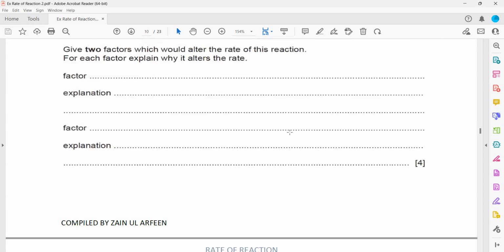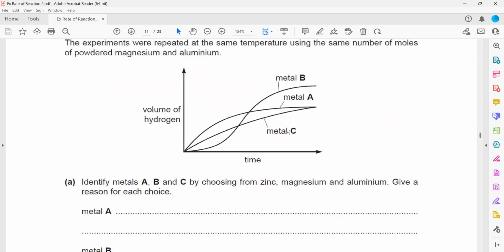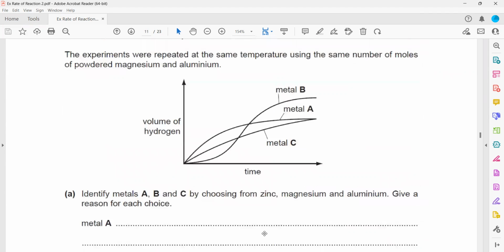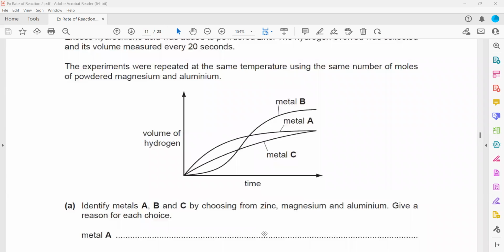So you have to write any other factor. If you mention more amount of a catalyst, yes, it increases the rate of reaction. Increasing the amount of catalyst also alters or increases the rate of reaction. But for the previous question, the catalyst was already mentioned, so they will not give the mark.